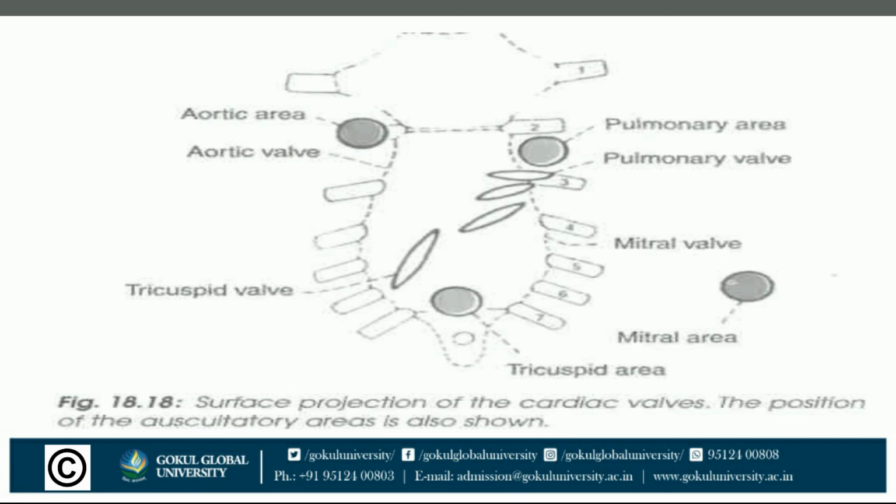Here in the surface marking, 4 centimeter long, behind the right half of the sternum, opposite the fourth and fifth spaces. Auscultatory area, lower end of the sternum. You can see tricuspid area in this diagram.